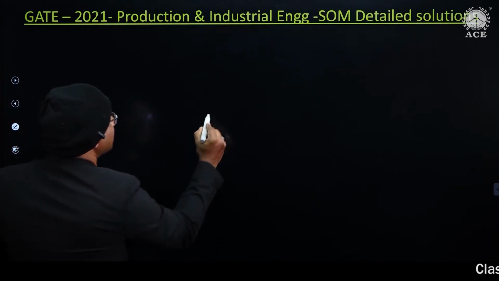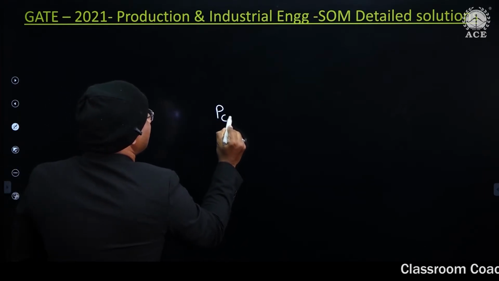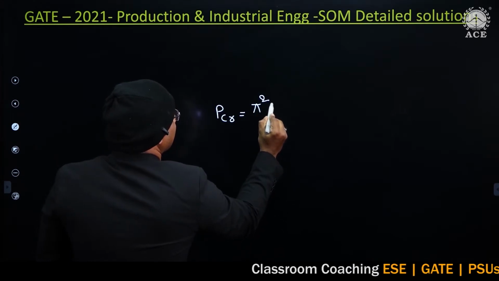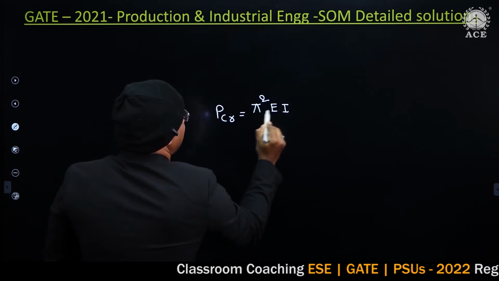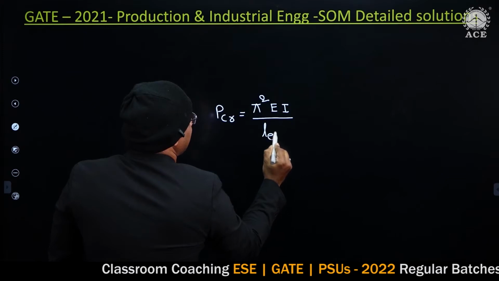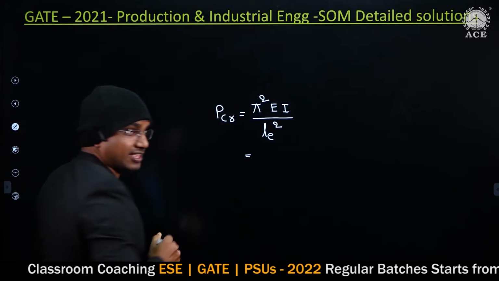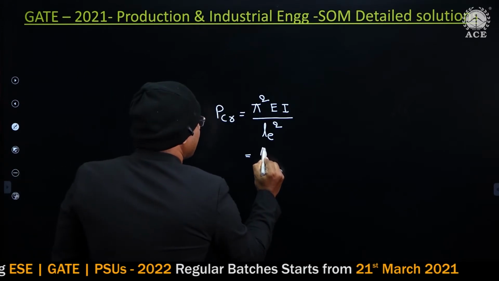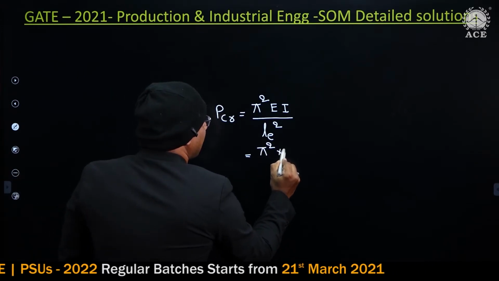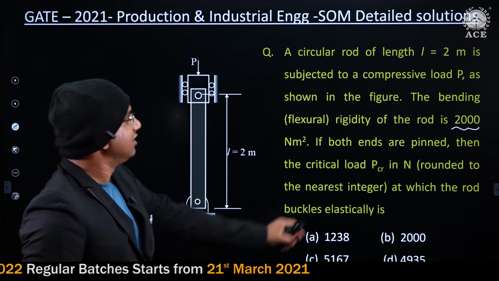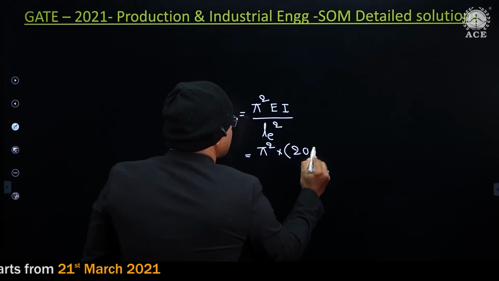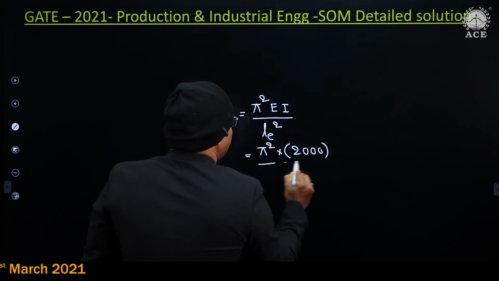What is the standard formula? P critical equal to Pi square EI by LE square. Now Pi square EI. What is the value of EI? 2000, clearly mentioned, by LE.